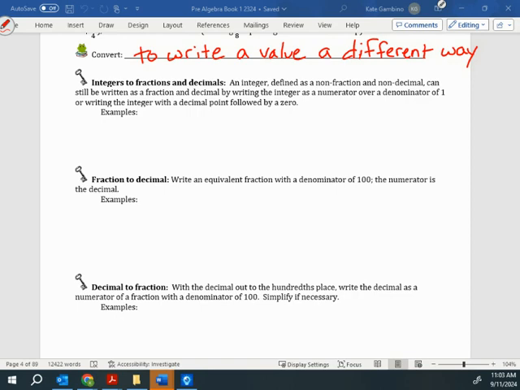So if we have an integer of 7, to write it as a fraction, it would be 7/1. Does it still equal 7? How many times can I take the 1 away from the 7? 7 times. So it still is the same value of 7. So 7 equals 7/1. And to put that integer into a decimal, we would have a 0 in that place.